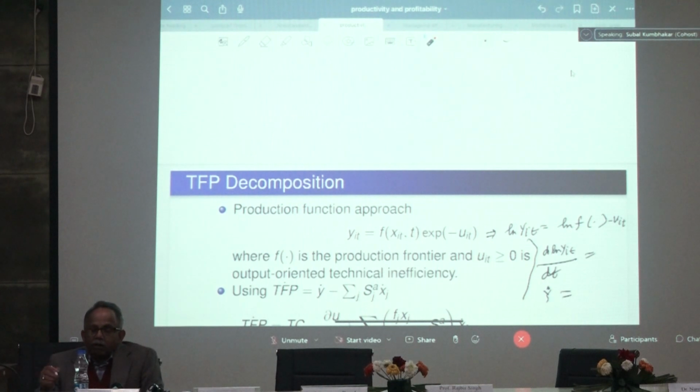In a panel model, we were talking about introducing heterogeneity, alpha_i, and then in the last part, the four-component model, we were talking about decomposing inefficiency into persistent or time-varying and time-invariant components. So you can do those things also.